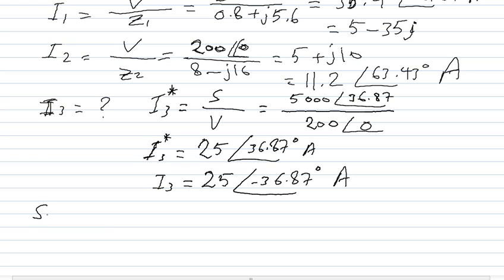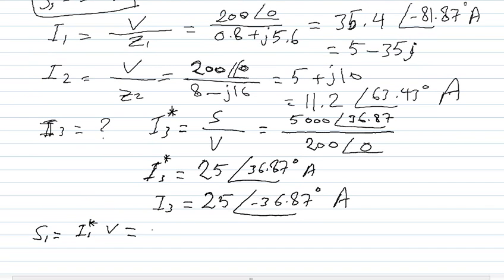Now we can have S1 equal to I1 conjugate multiplied by the voltage, which is 35.4 with the opposite angle.